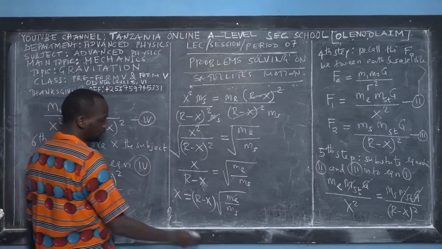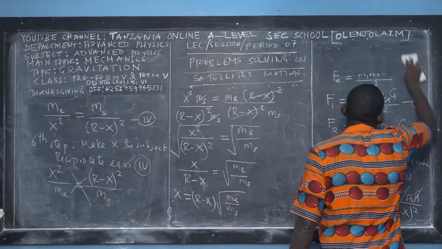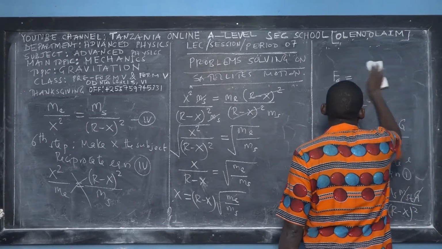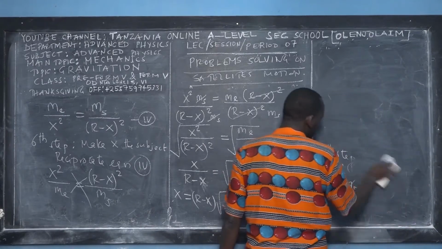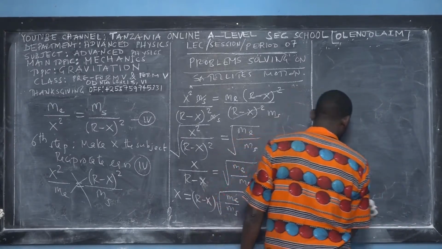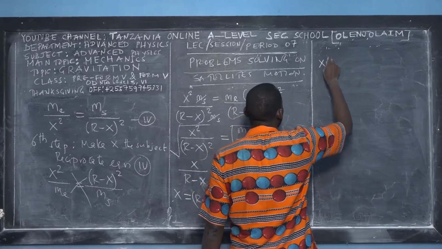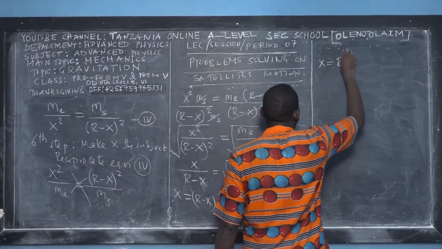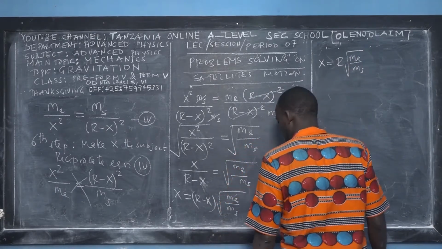If we keep on simplifying the expression, we find that x is equal to r times the square root of the mass of the S over the mass of the sun, right?